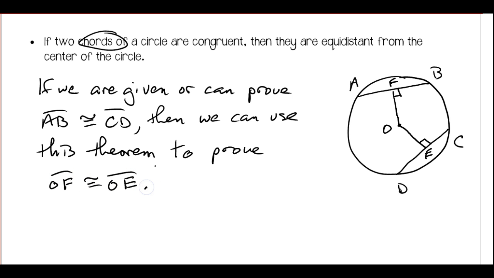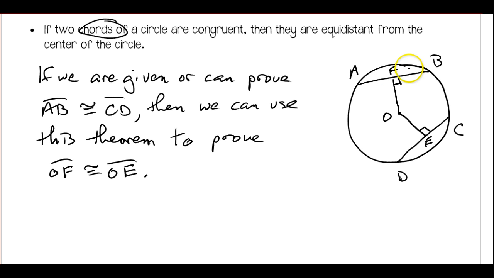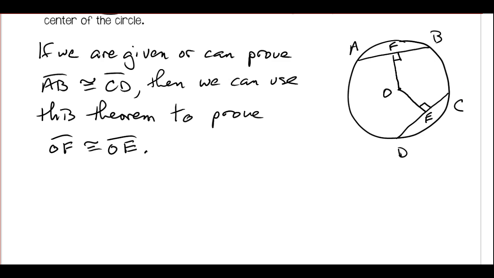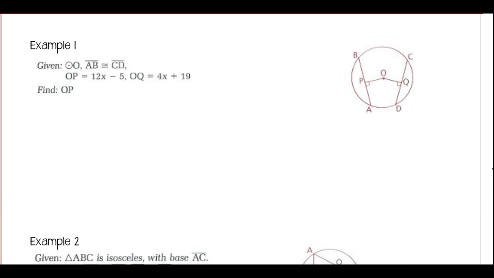So basically it's the converse. So now we're starting with the chords and we're proving that the distances from the center are congruent. So again, make sure you ask me any questions. Let's move on to the examples.